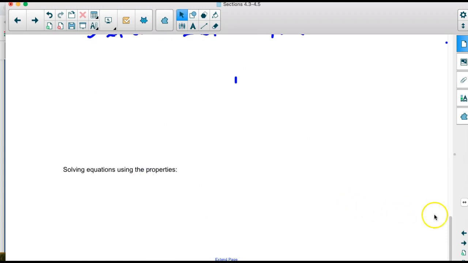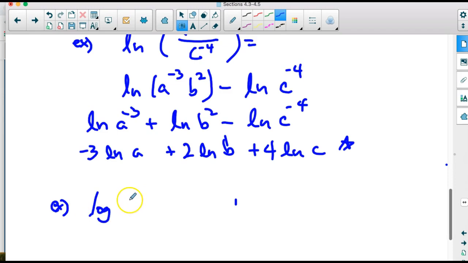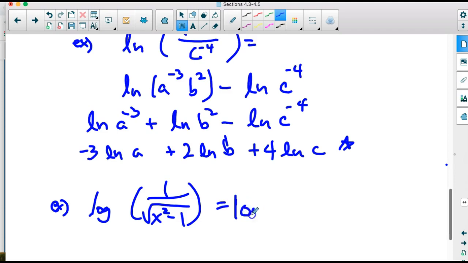So if we had the example log of 1 divided by the square root of x squared minus 1. And we want to expand that out. So it's going to be log of 1 minus log of the square root of x squared minus 1.